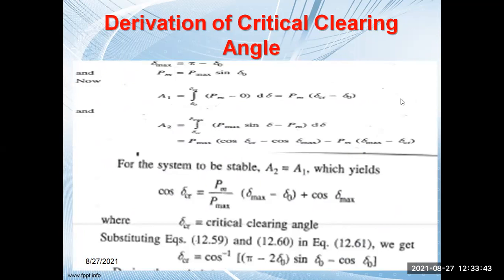Let me show it here. Let us say this is your power angle curve.